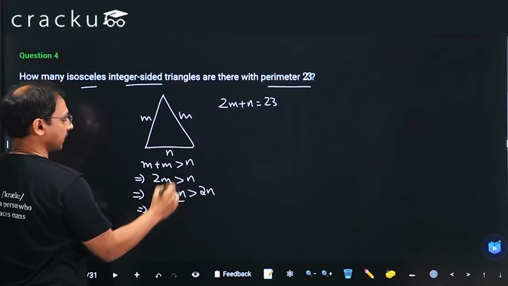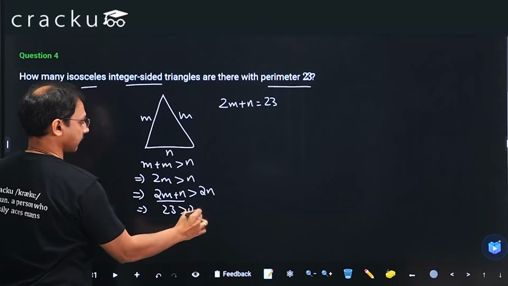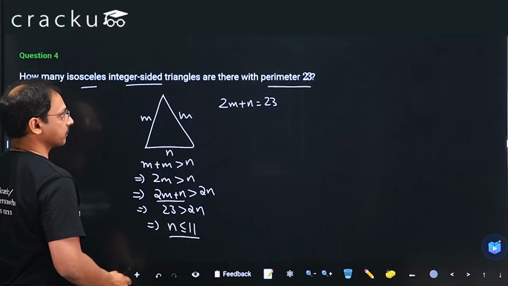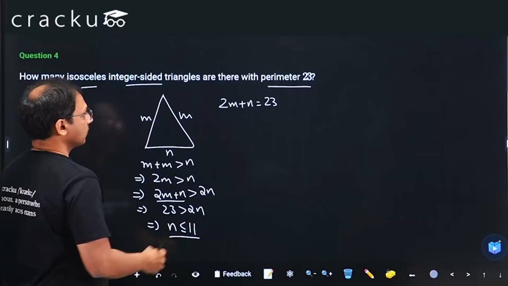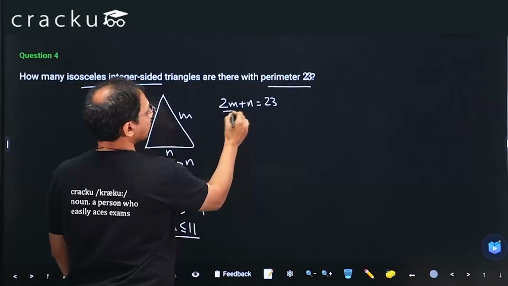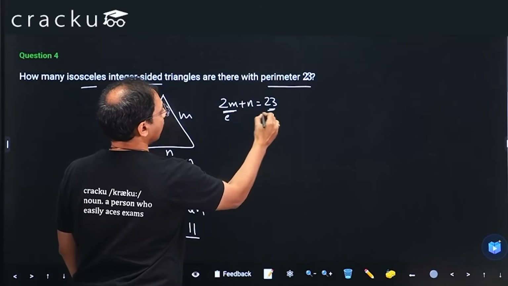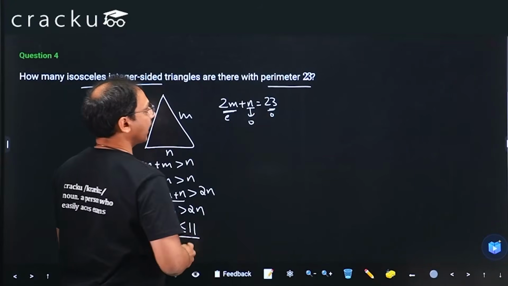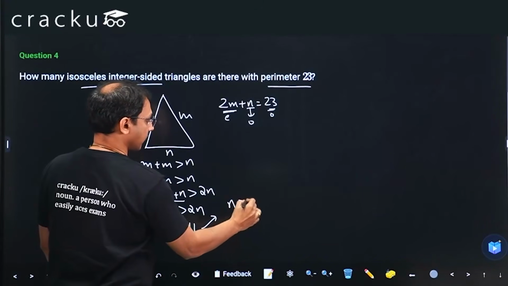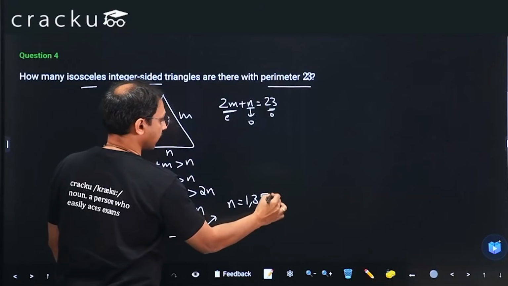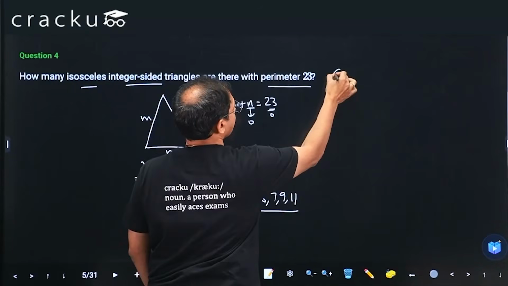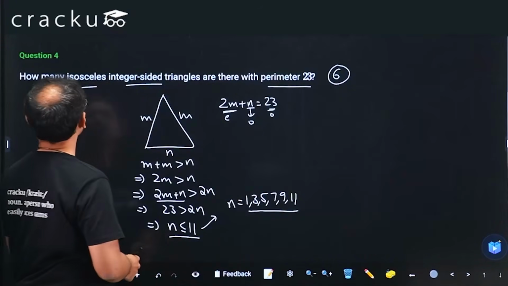This is the perimeter, 23. So the maximum value of n is 11. One more thing: 23 is an odd number, 2m is even, so n has to be an odd number. How many odd numbers are there till 11? We have 1, 3, 5, 7, 9 and 11. 6 possibilities. Therefore, the answer is 6.